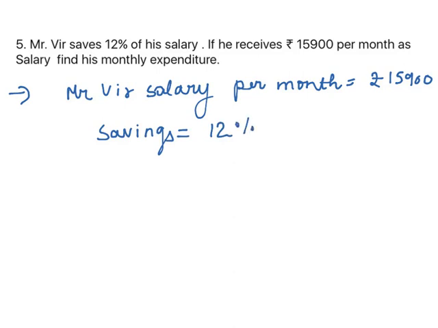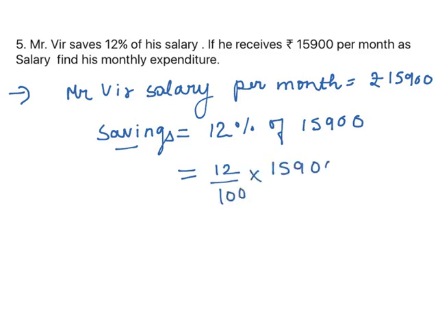It means 12% of 15900. So first of all we will find out his savings. So we will solve it: 12 by 100 times 15900. These two 0s will be cancelled, and if we multiply 12 times 159 it will give us 1908.